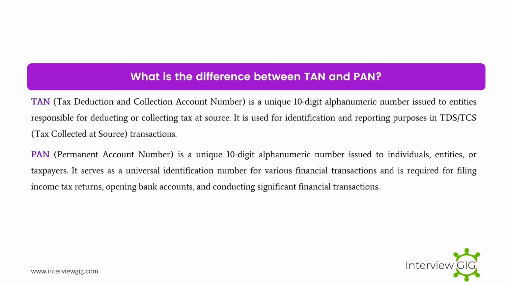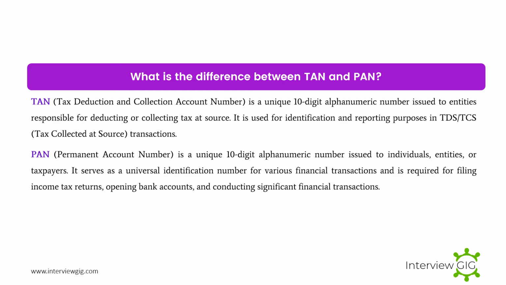What is the difference between TAN and PAN? TAN, Tax Deduction and Collection Account Number, is a unique 10-digit alphanumeric number issued to entities responsible for deducting or collecting tax at source. It is used for identification and reporting purposes in TDS, TCS (tax collected at source) transactions.